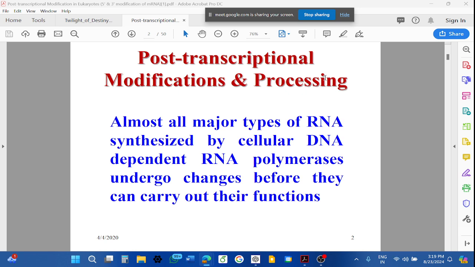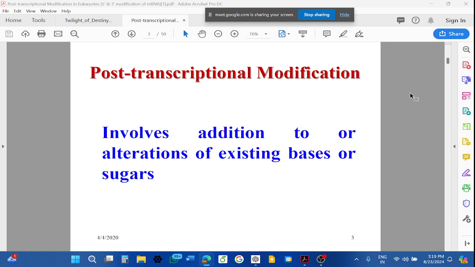Any RNA made by a DNA-dependent RNA polymerase undergoes splicing, capping, tailing, methylation, some sort of modification, before the particular phenotype is made. So all of these have post-transcriptional modification and processing. What does it involve?